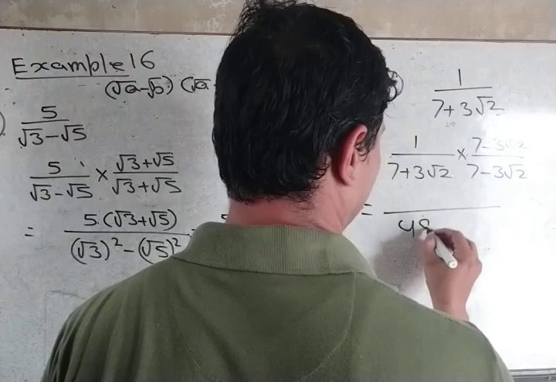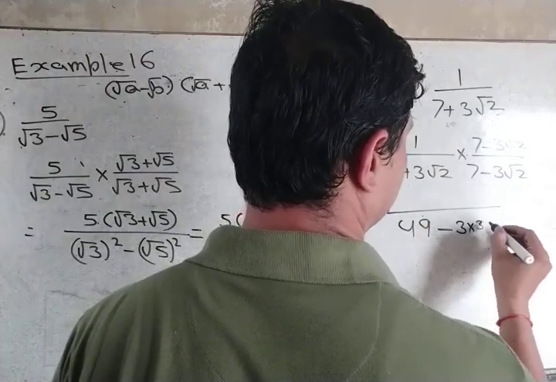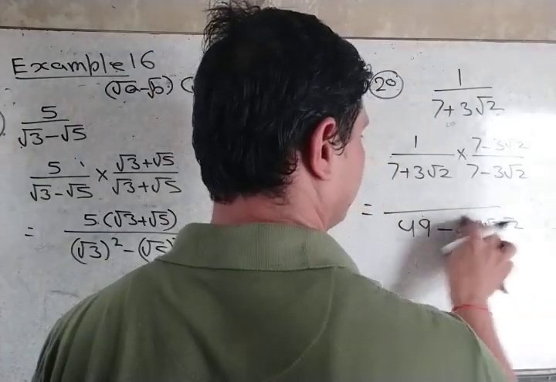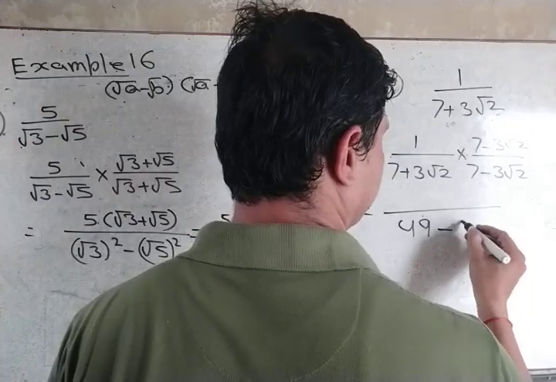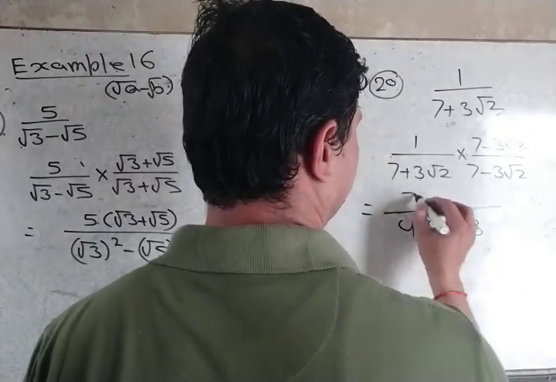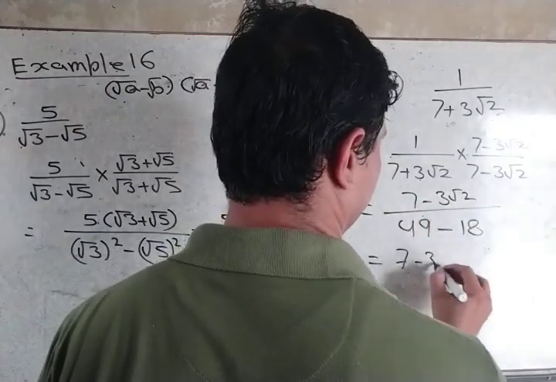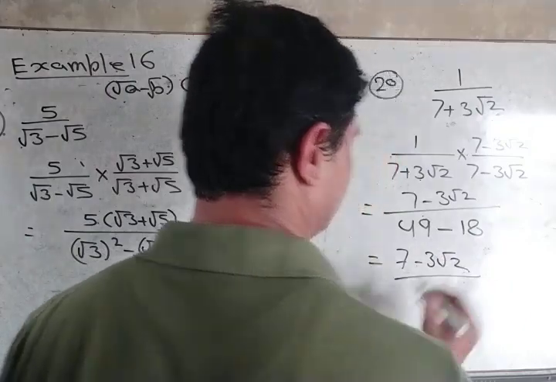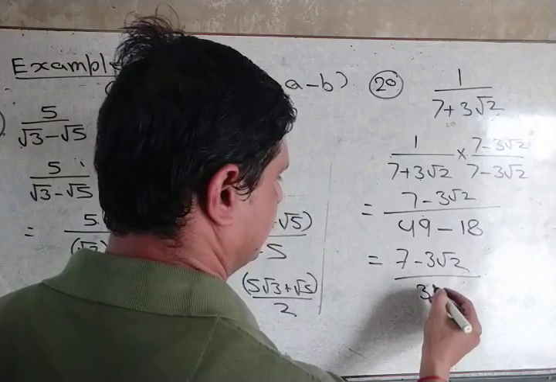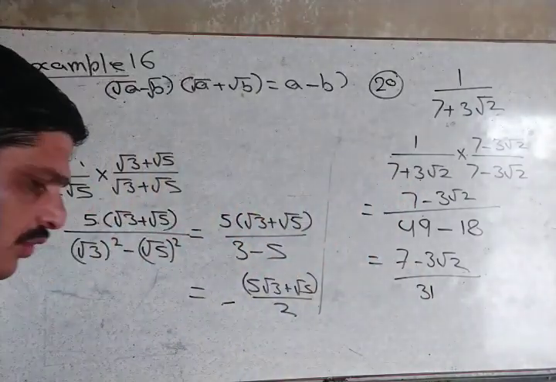You will get 49 minus 3 into 3 into root 2, or directly we can say 18. 3 into 3 is 9, into 2 is 18, and we can write here. So the answer is 7 and 20 or 31. So please pause the video and note it down.